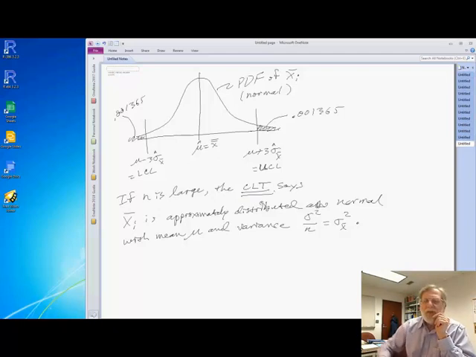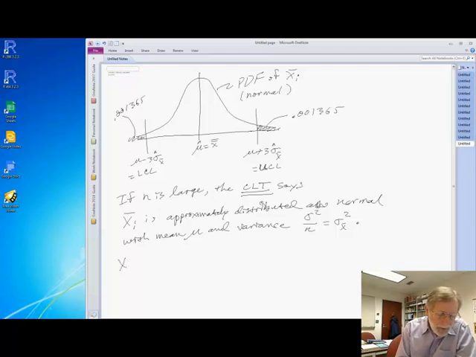So this theorem, which you will find in a 210 book, and I have suggested some in my Learn ProbStat tutorial. I'll say it again.